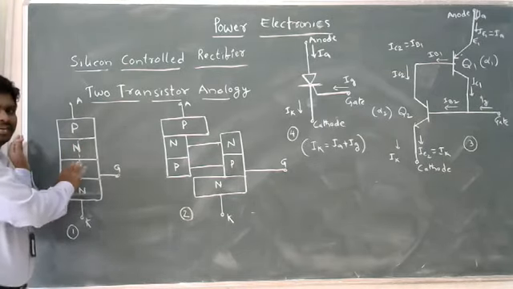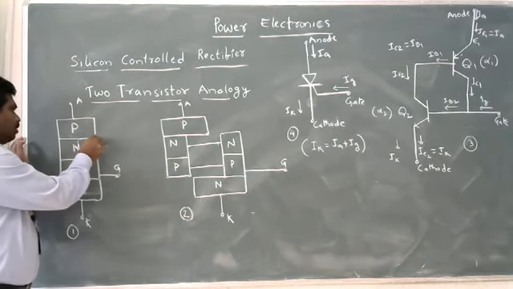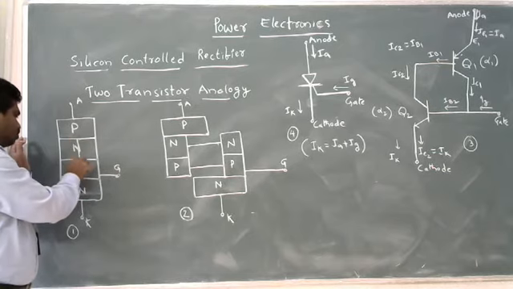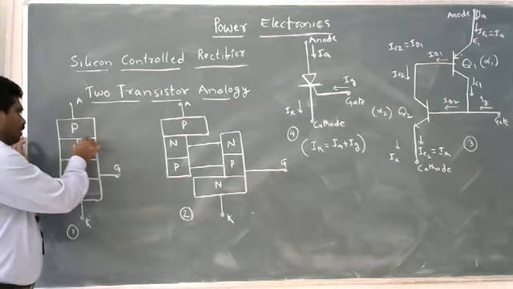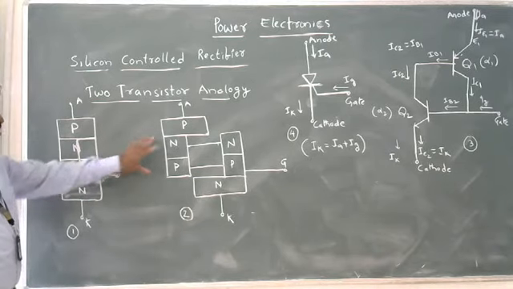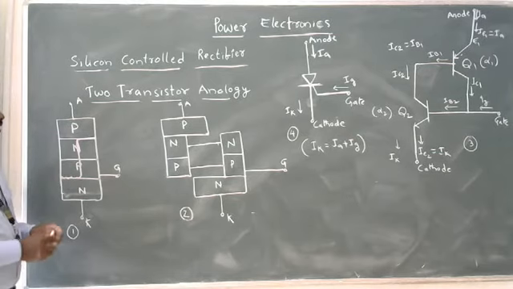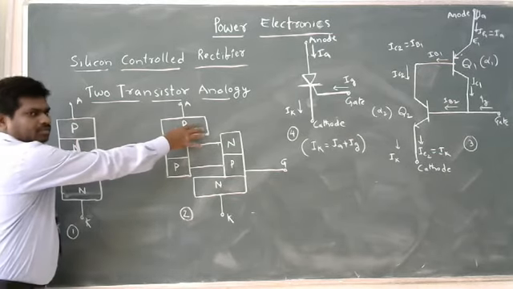When you make a mirror image of Z in the middle of the device, like this, we get the structure like this. I am just splitting this part. So P comes as it is.